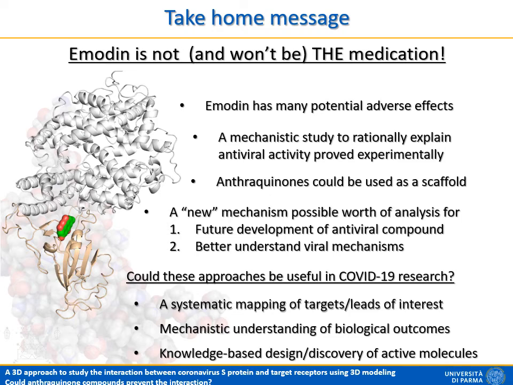What about the fight against the new coronavirus? We really believe that this kind of approach can be very useful in such a challenge because it can be applied beyond the spike protein, for instance, to check the existence of additional important virulence factors.